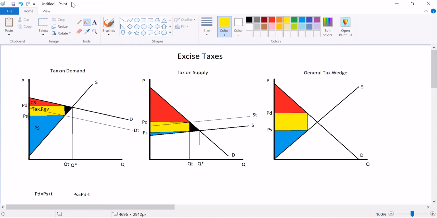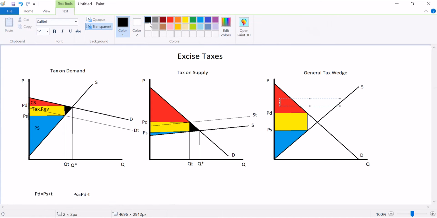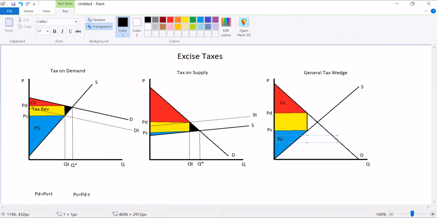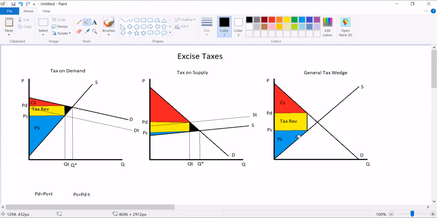That wedge gives us some consumer surplus less than an equilibrium, some producer surplus less than an equilibrium, some tax revenue, obviously more than an equilibrium when there was no tax, but it also gives us our friend, the deadweight loss, because the quantity with the tax will still be less than our quantity in equilibrium.